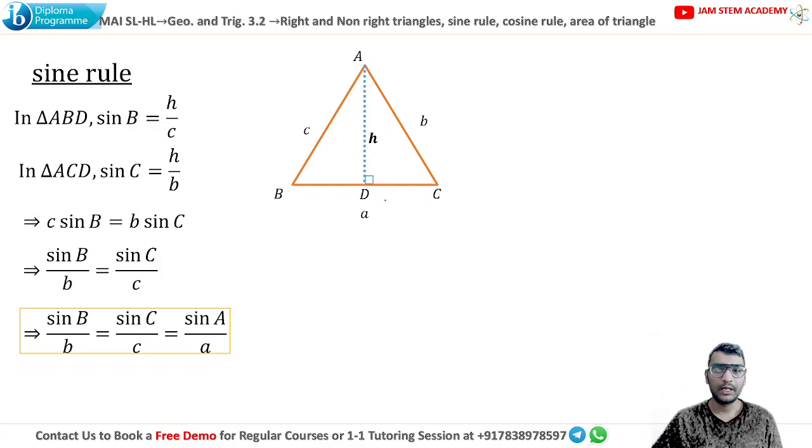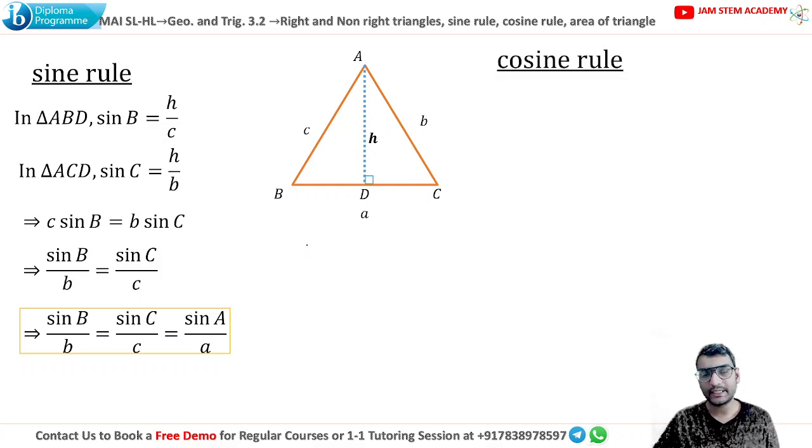Now, next rule is cosine rule. Cosine rule means cosine theta we have to apply. So consider this BD side length as x and the CD side length as, what will be that? A minus x, because this total is A. So in this way we have x and A minus x as our side lengths.